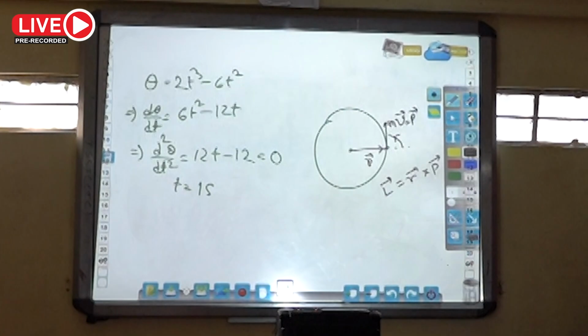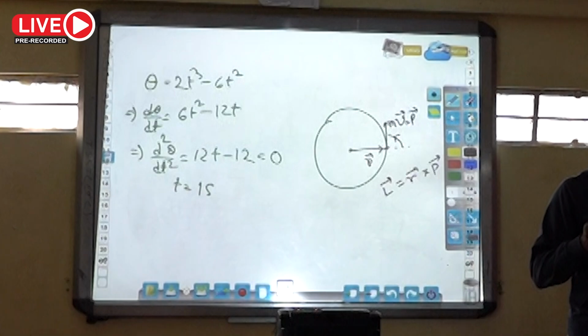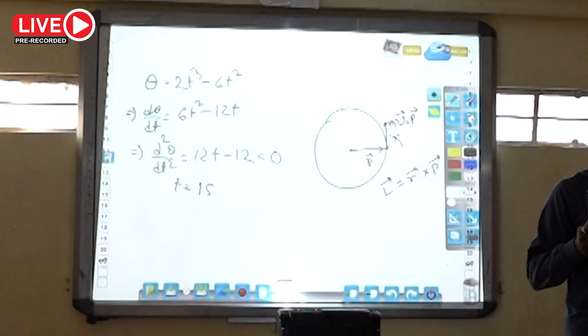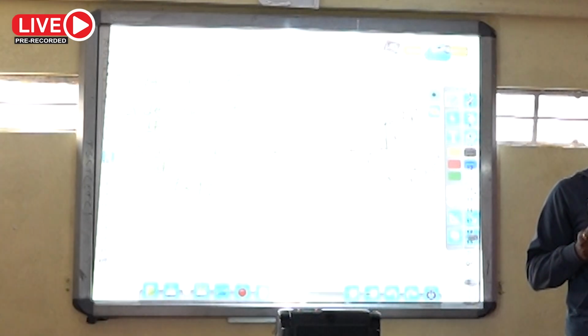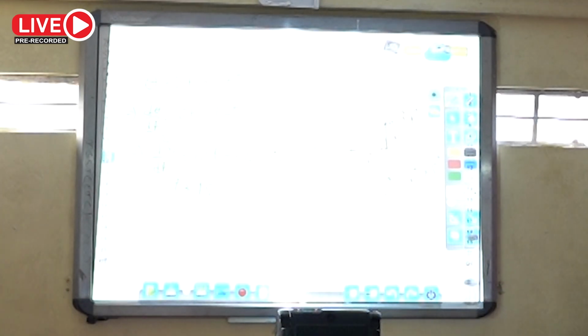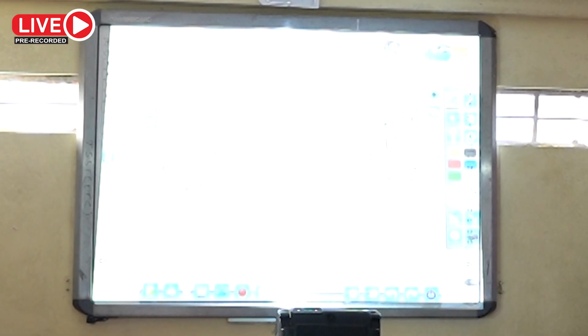A thin circular ring of mass capital M and radius capital R is rotating in a horizontal plane about an axis vertical to its plane, with constant angular velocity omega.